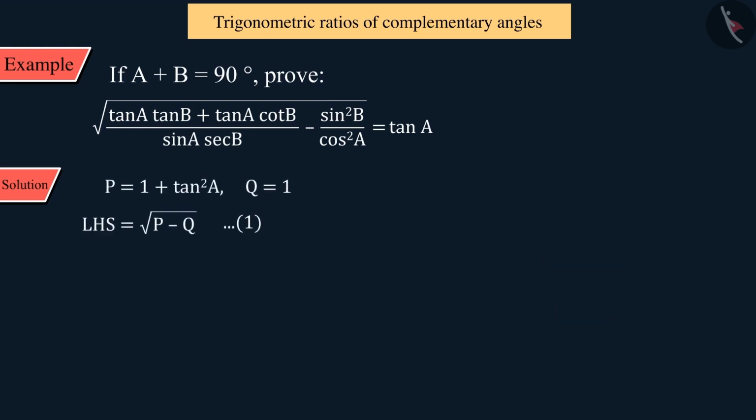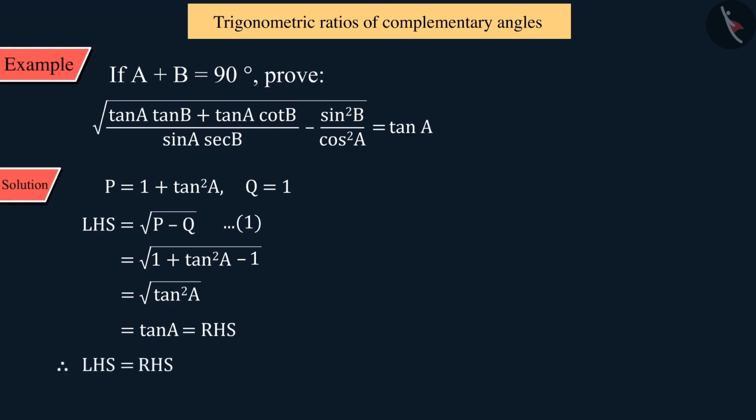Substituting the values of P and Q thus obtained into equation 1, we get the square root of 1 plus tan squared A minus 1. On solving this, the value of the left side is tan A, which is equal to the right side of the given equation. Thus, we proved this equation.